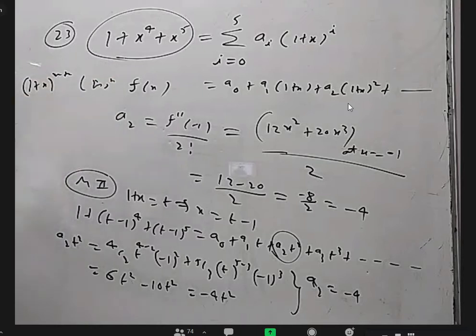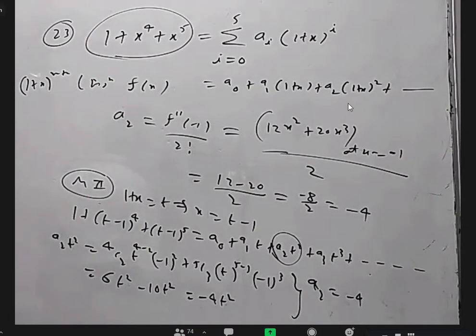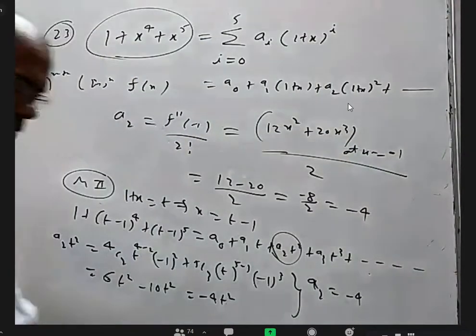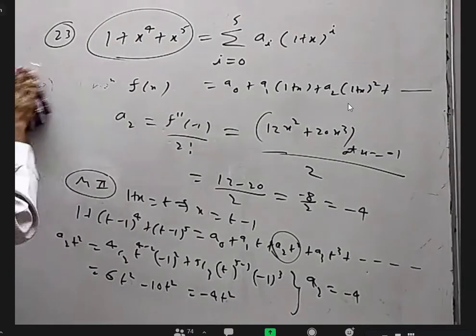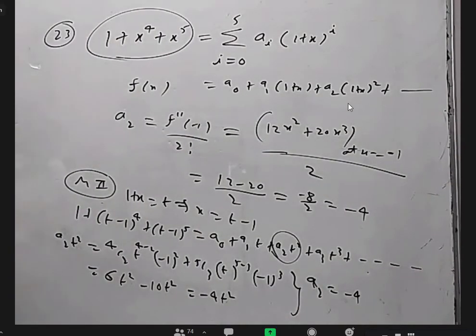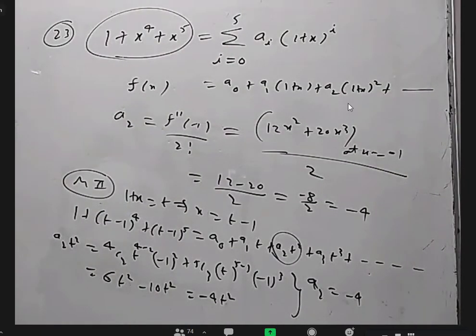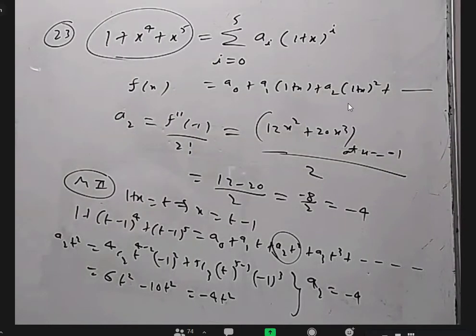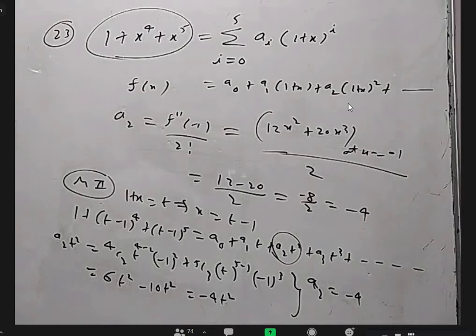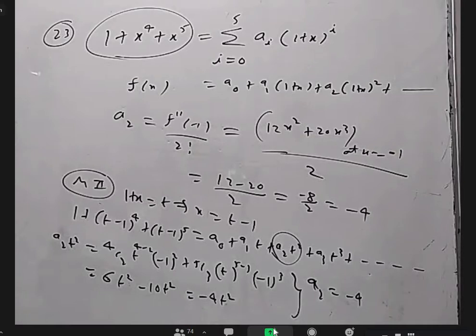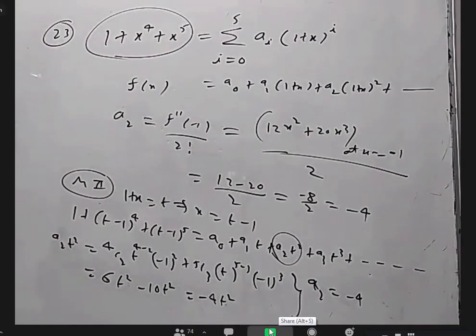There also I would have done f double dash 0 by 2 factorial for finding x square coefficient. So taking 1 plus x equal to t is a good idea for binomial theorem way.